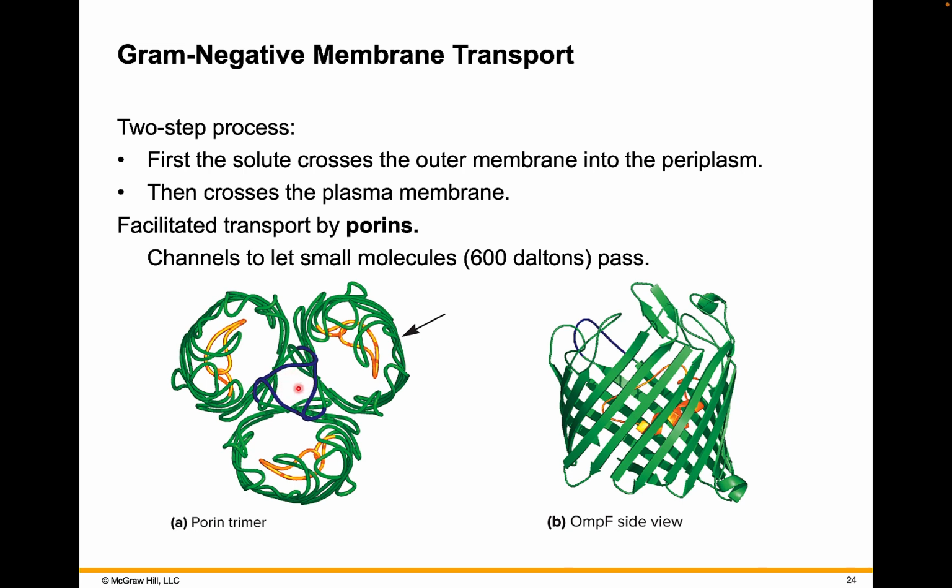Depending upon the size of the molecule, say for example, 600 Dalton molecules, they can pass through this. And depending upon the different chemicals, the passage can be constricted by the movement of these structures, so they can also be regulated to some extent.